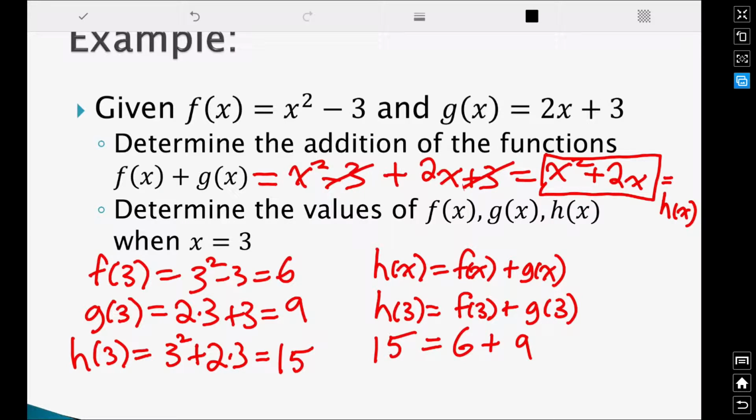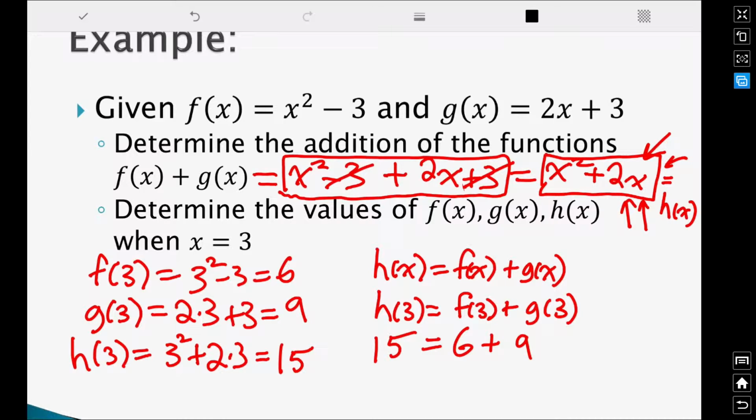So it turns out that h of 3 is just the addition of what f of 3 is and what g of 3 is. And this is true for any addition of functions. You could add all the function terms together. That's what we did here: we added all the terms together in this part to get this.